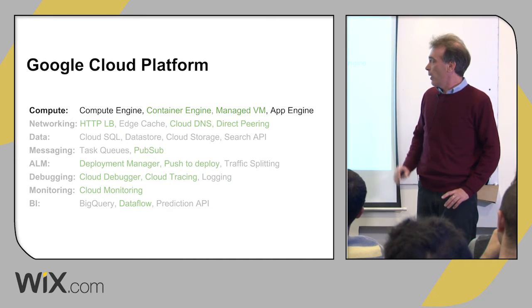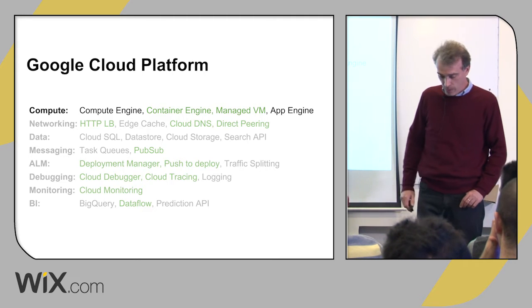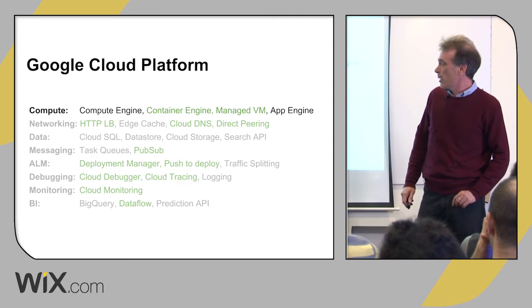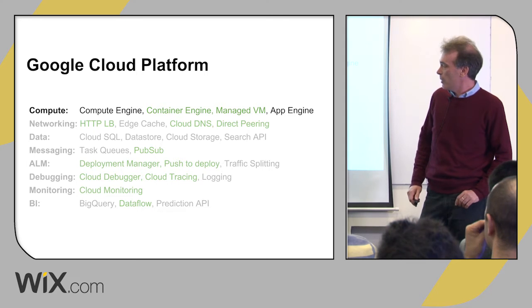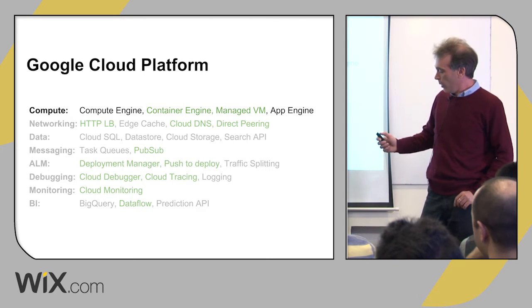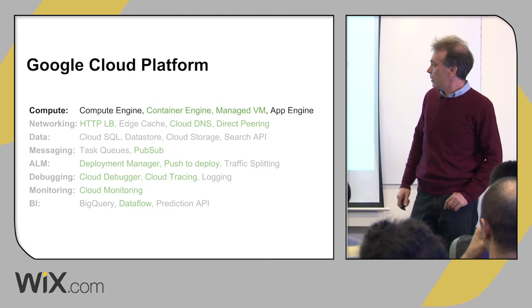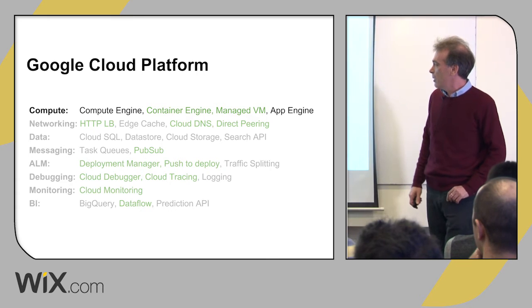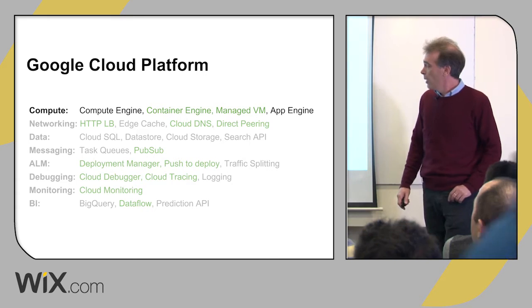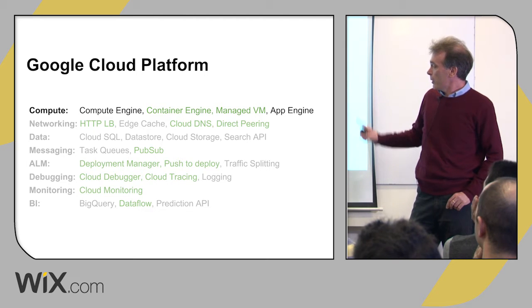This is a picture of Google Cloud Platform and technologies, and how we divide them into different segments. As I said, today we will cover the compute part, including Compute Engine, Container Engine, Managed VM, App Engine, and Green Light.